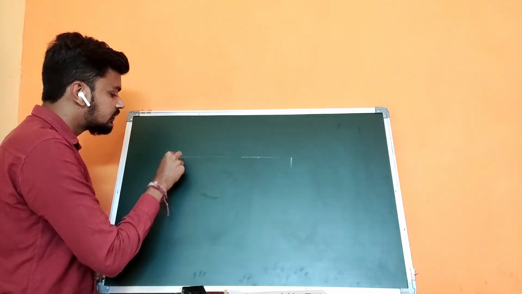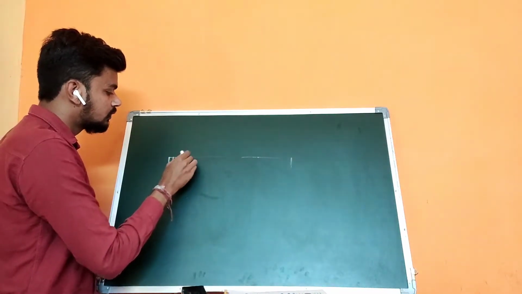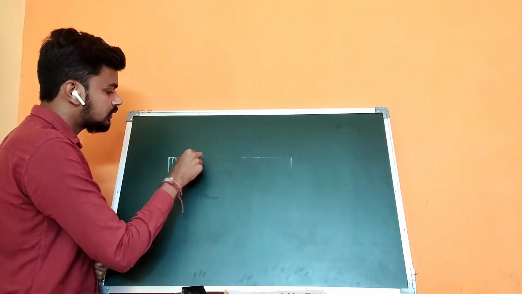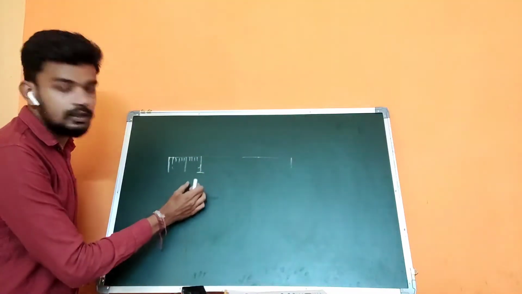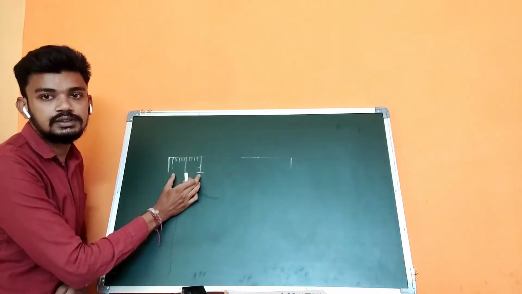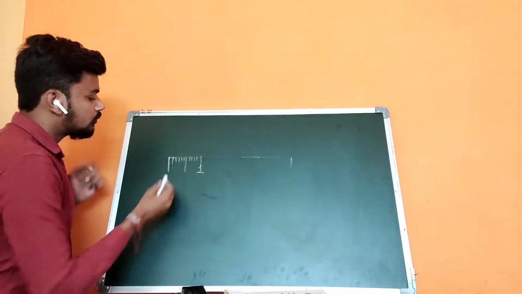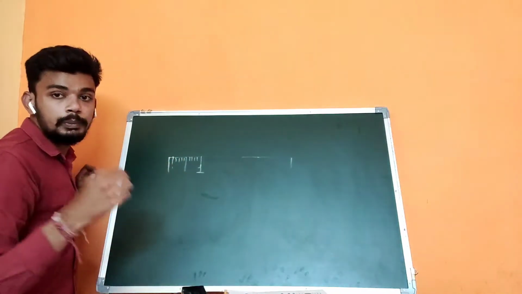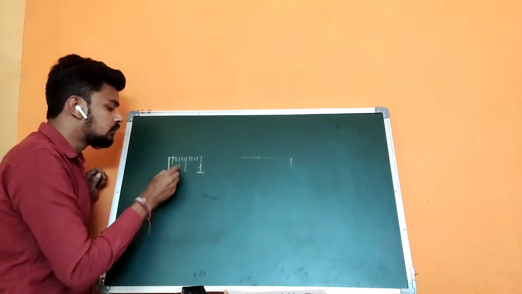Then after 10 steps, 1 2 3 4 5, 6 7 8 9 10. So here at 10 steps, it is just like this. That means this much distance is 1 centimeter. In the same way, you have to put your pencil point or compass pointer on that 0.